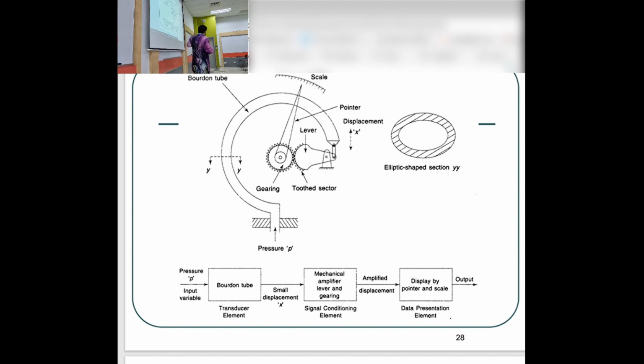The conditioning part is actually amplification, isn't it? Amplification or filtering. For this one it is amplification. So which part is trying to amplify the signal? The gear, isn't it? The ratio between gears makes the signal more sensitive or amplified.